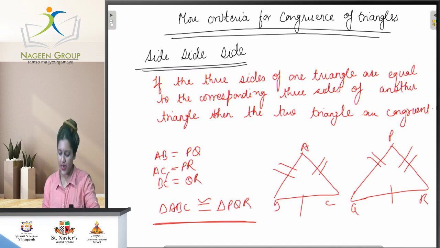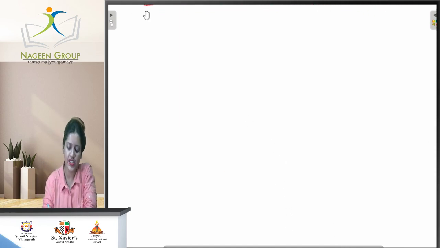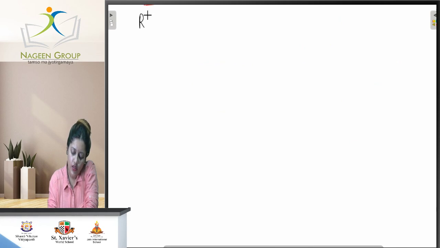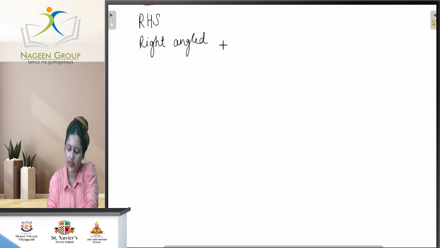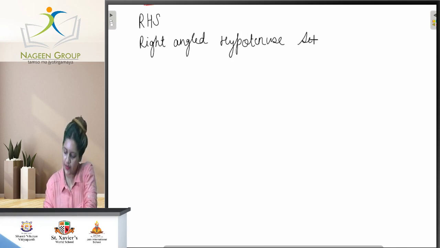The next criteria is very important, that is RHS. RHS means right angle, hypotenuse, side.